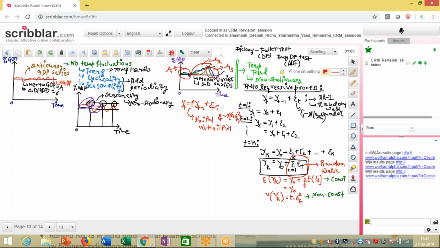Or let me put it as mod rho equals 1 versus mod rho not equal to 1. Because if this null hypothesis is accepted, if H0 is accepted, then the series is non-stationary.